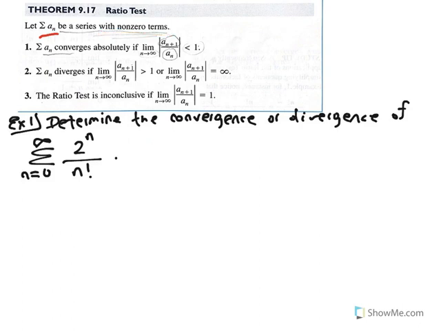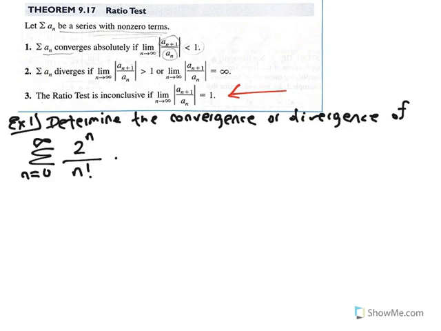Although it has a low bar for usability, it may not necessarily be the easiest test to apply. Or maybe it's not something that's going to work out very well because it may not be easy for you to find the limit, or perhaps you find that the limit is equal to 1, in which case the ratio test cannot be used.